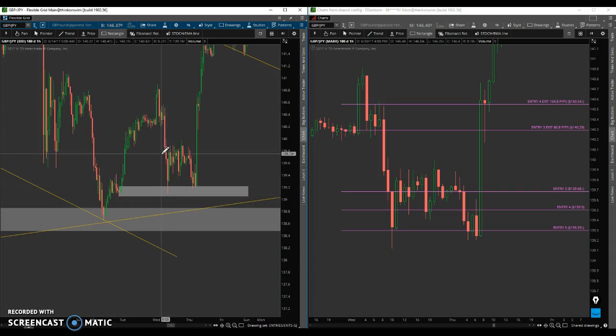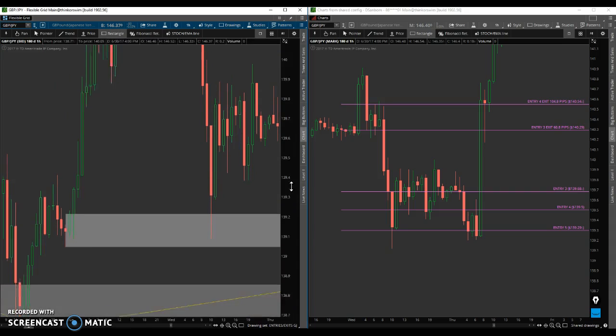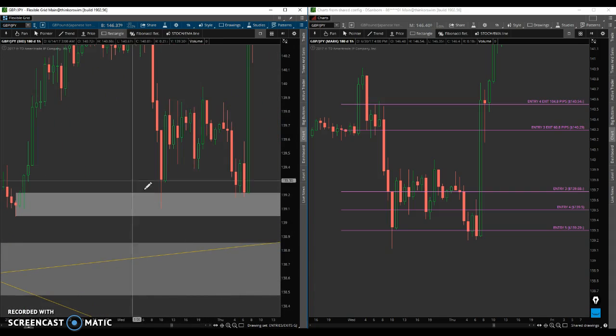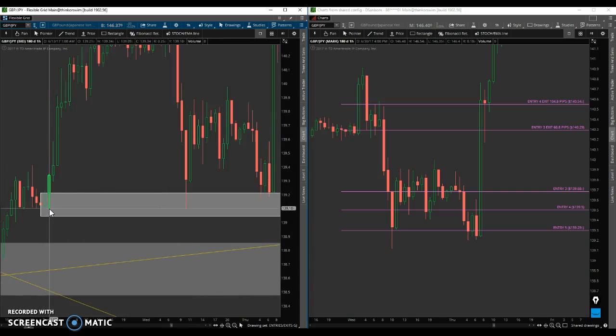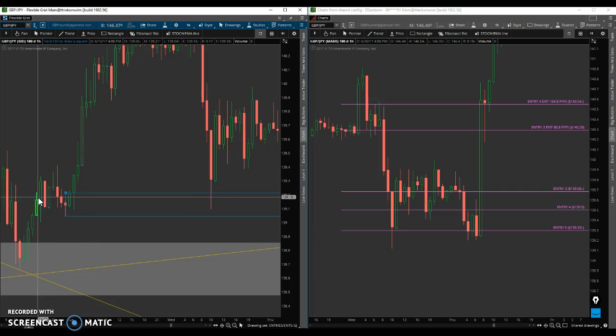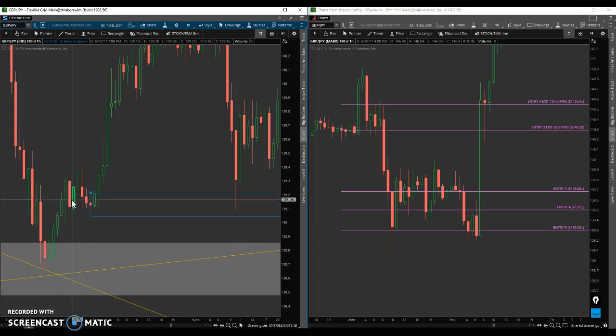And I found it quite interesting that sellers were pretty aggressive here, and even the first part of this hourly candle, but were pretty much stopped dead in their tracks. And that happened right around, I don't want to call this a demand zone, but you can consider it a little pause in the market before the next explosive move.